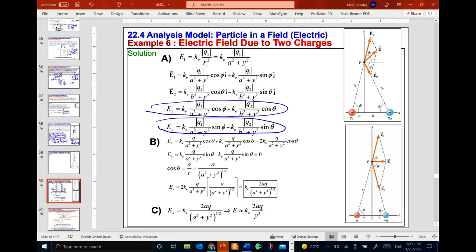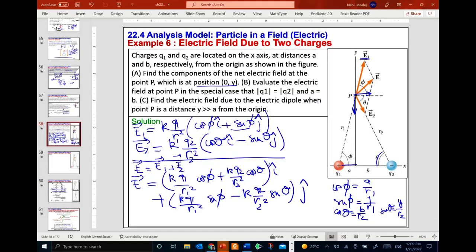All right. Now the next question says, evaluate the electric field at point P in the case when Q1 is equal to Q2 and A is equal to B. So this equation will simplify. Whenever we have Q1 and Q2, we can replace them by Q. R1 and R2 are going to be equal since A and B are equal, and the equation simplifies.